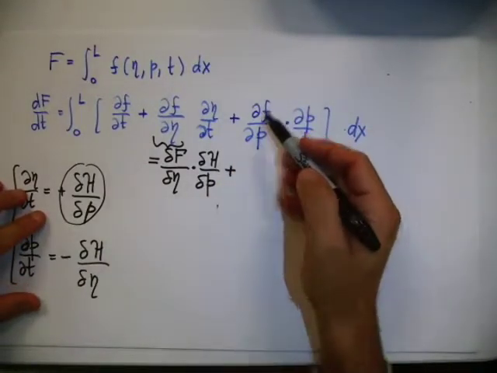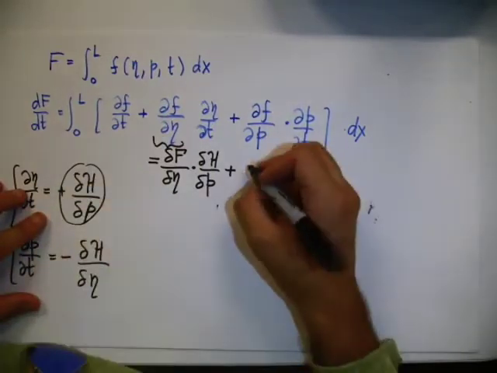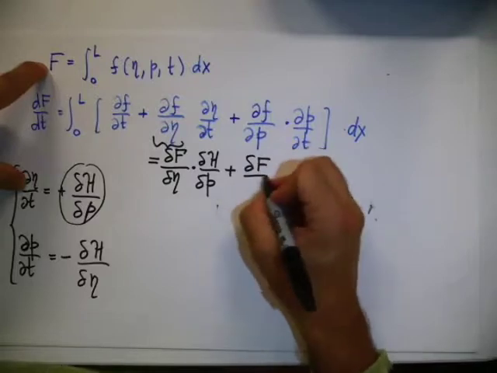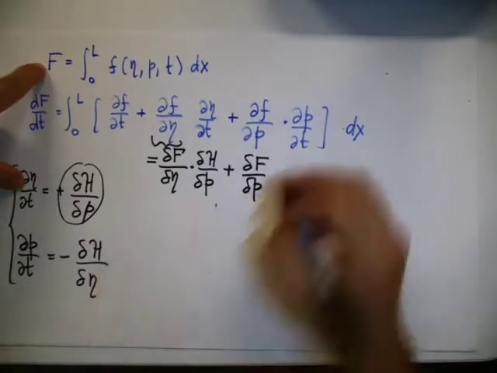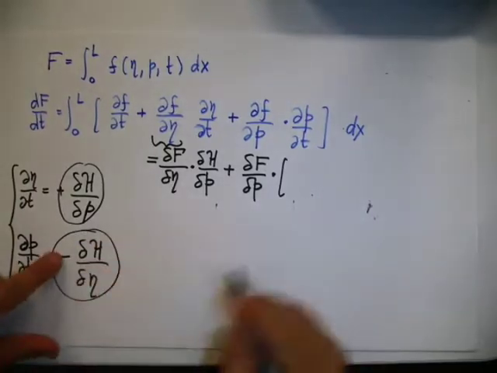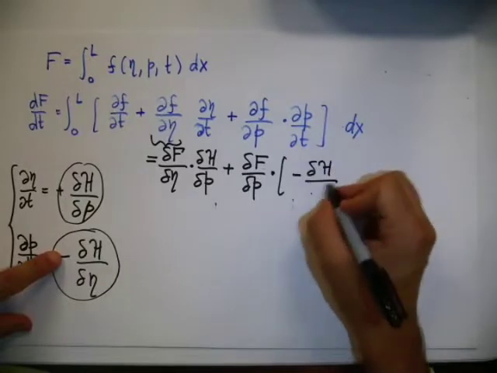Okay, this is still kind of like a density. I can write it as the variational derivative of F with respect to p times minus the variational derivative of H with respect to eta.